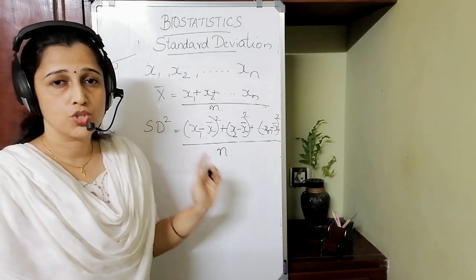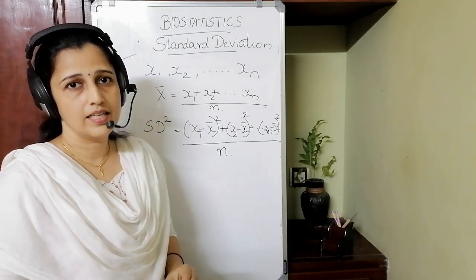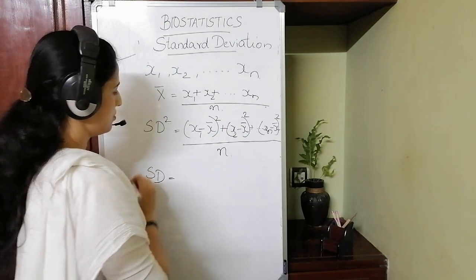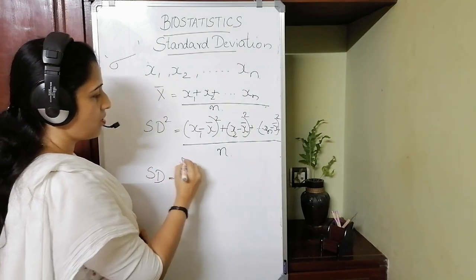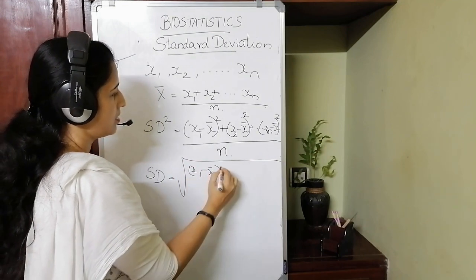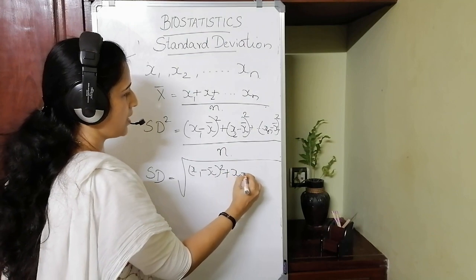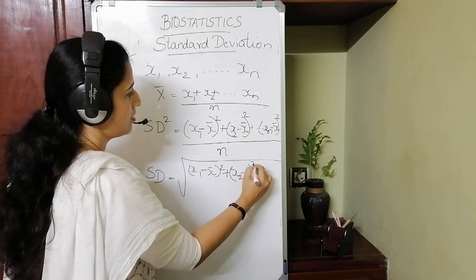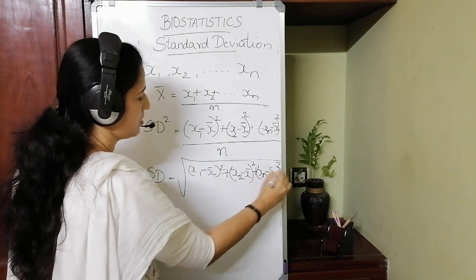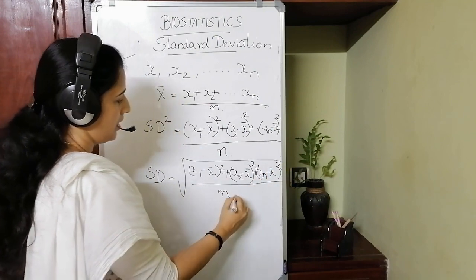This is the square of standard deviation. So standard deviation is equal to the square root of x1 minus x bar square plus x2 minus x bar square plus xn minus x bar square, the whole divided by n.